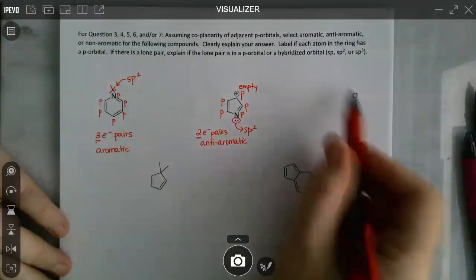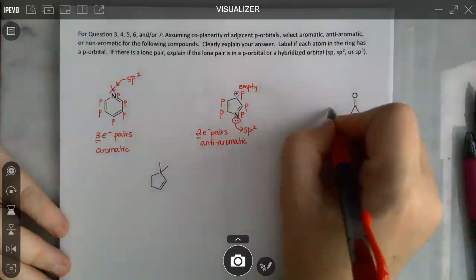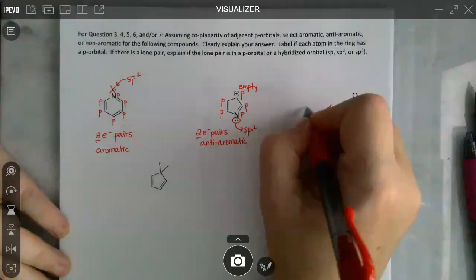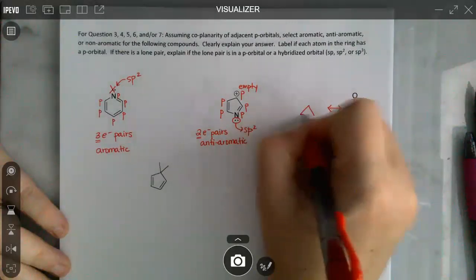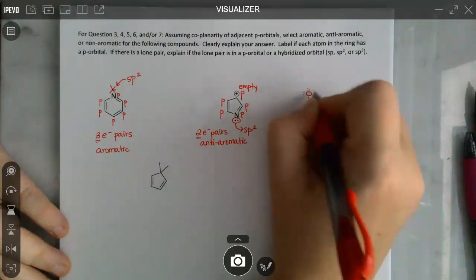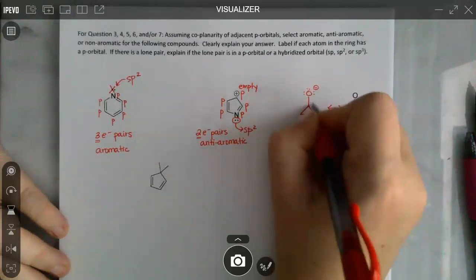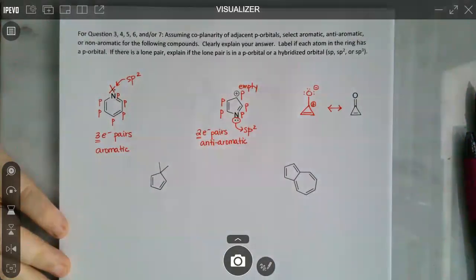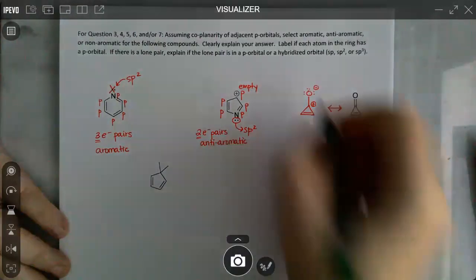For this one, it would be useful to draw resonance. So we know that with carbonyls, there are 2 significant resonance contributors. Right, so this is another resonance contributor. And as we can see here, we have a pi bond.